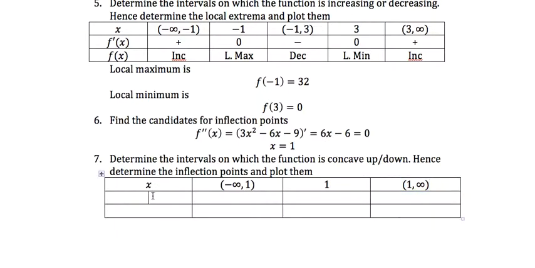Now, on each interval, I want to check what is the sign of the second derivative. Since the second derivative is 6x minus 6, when x is less than 1, 6x minus 6 is negative. So we know this part is negative. At x equals 1, second derivative is 0. From 1 to positive infinity, second derivative is positive.